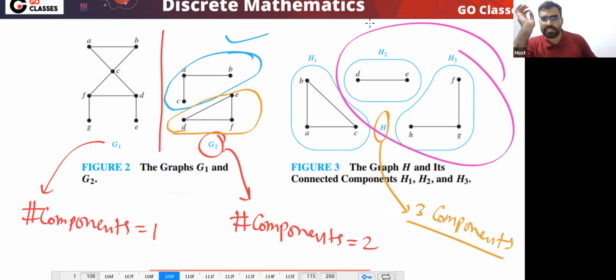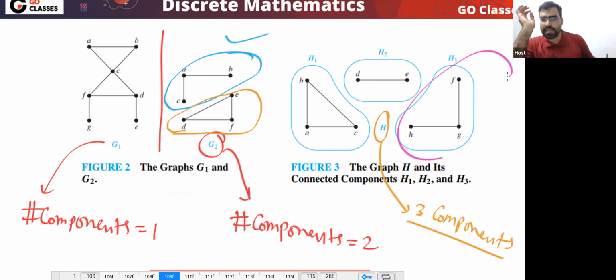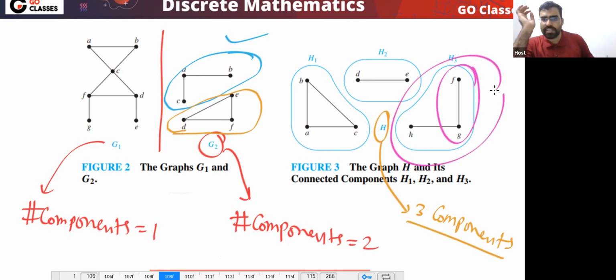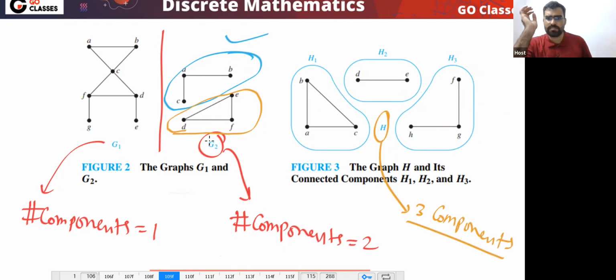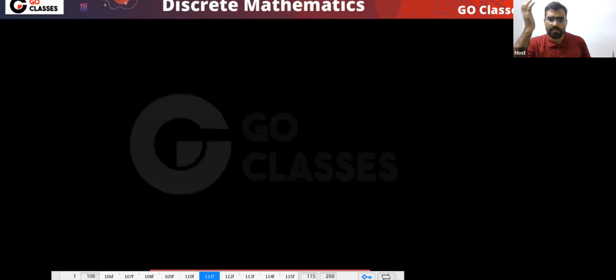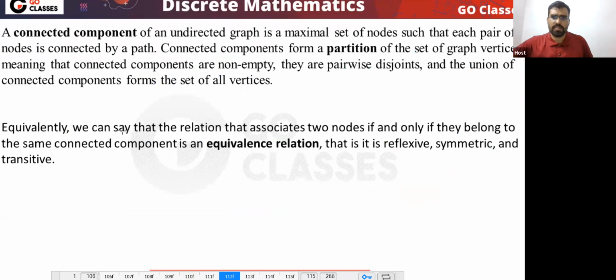You cannot take this. This is connected, but this is not maximal because you can take H. You can add something extra. Think like a conductor. This is not maximal because you can add one more passenger. Okay, so this is the idea.